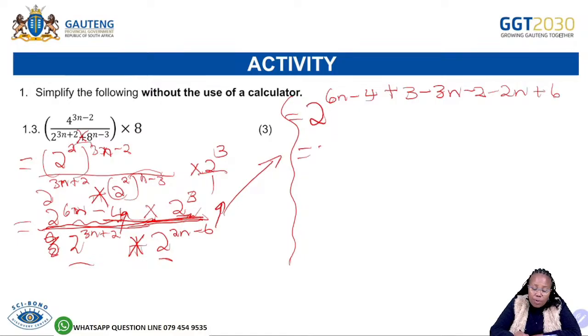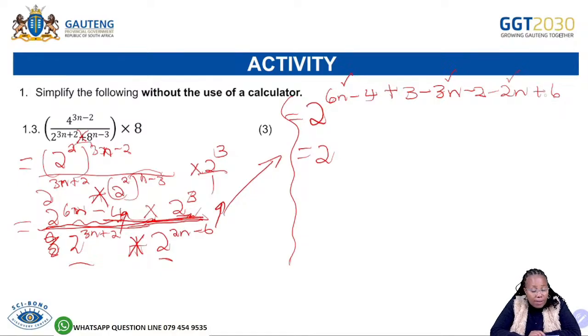So we end up with 2. Now we check like terms base 2, that is 6n minus 3n minus 2n, which is n. Okay, we have 6n minus 4 minus 3n minus 2 plus 6 then.